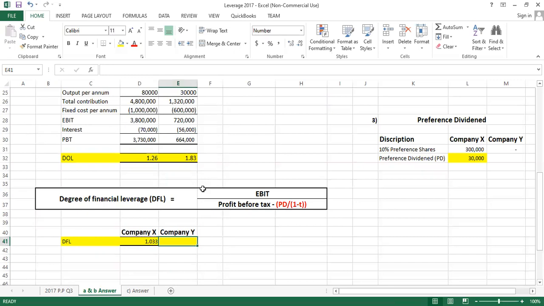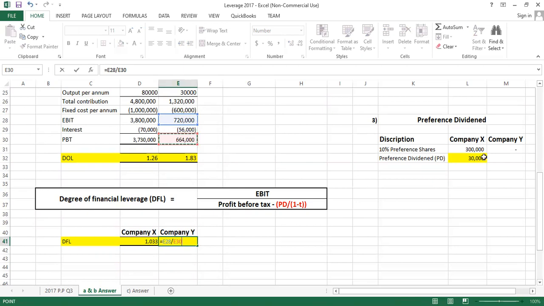Likewise, we want to calculate company Y financial leverage. Let's see how to calculate it. Equal earning before interest and tax divided by profit before tax.